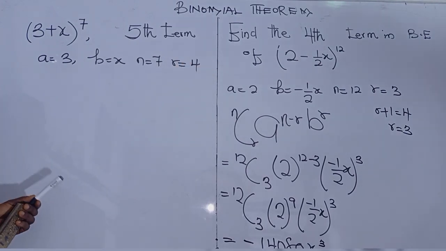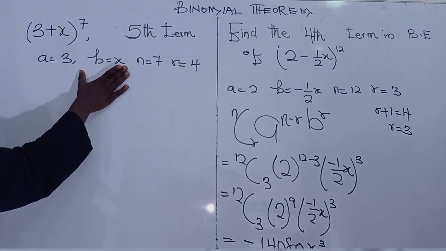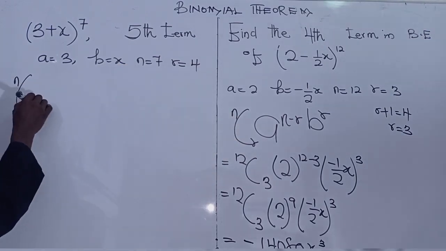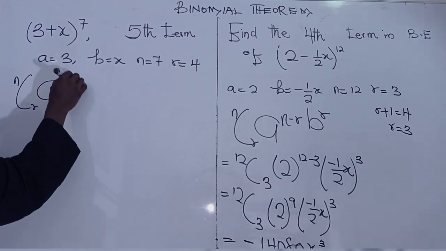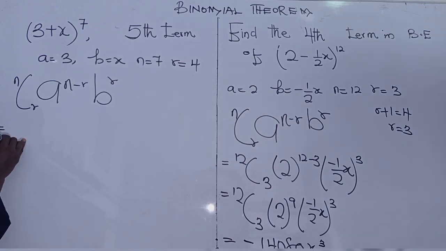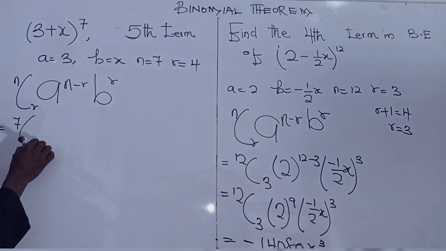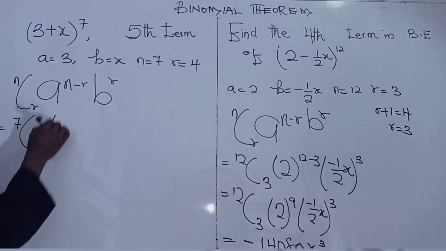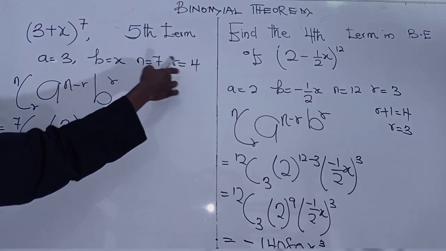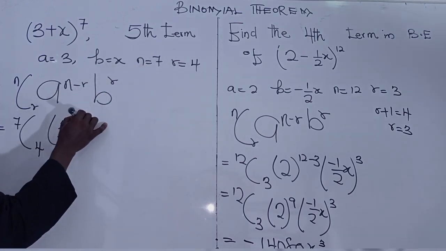Once you have this, you just substitute these parameters into the general term formula. So we have n combination r, a raised to the power n minus r, b raised to the power r. Our n is 7. Our r is 4. Our a is 3. Then we have n minus r, 7 minus 4 will give us 3.